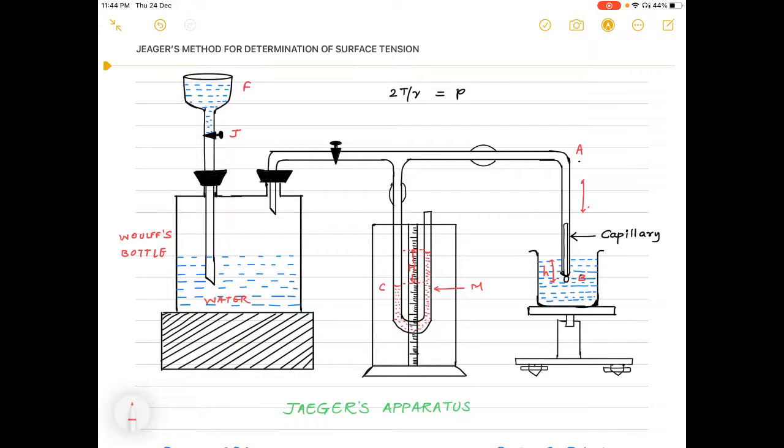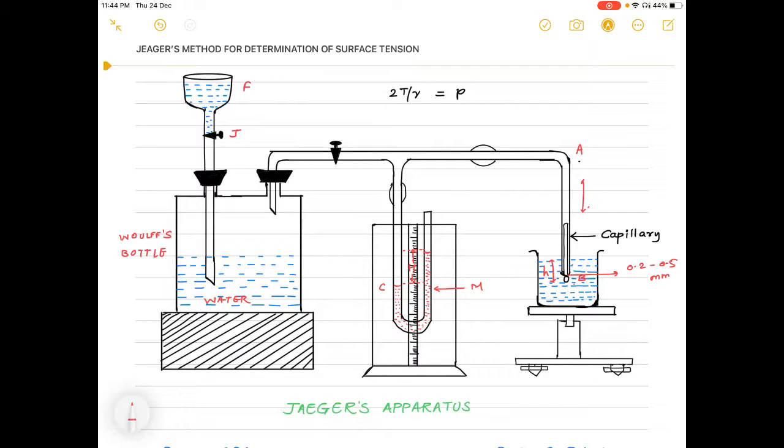Its lower portion ends in a fine jet of about 0.2 to 0.5 millimeter diameter. The tip of the glass tube AB at point B is quite smooth, and the glass tube AB is dipped into the experimental liquid to about 4 to 5 centimeters of its length.